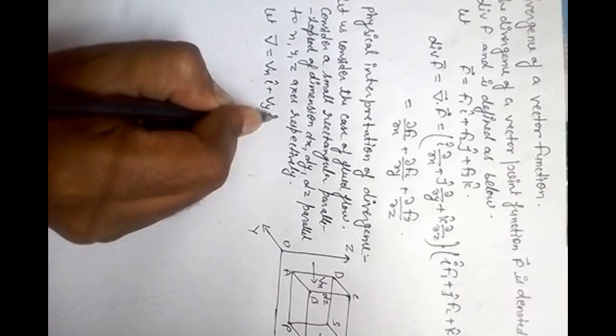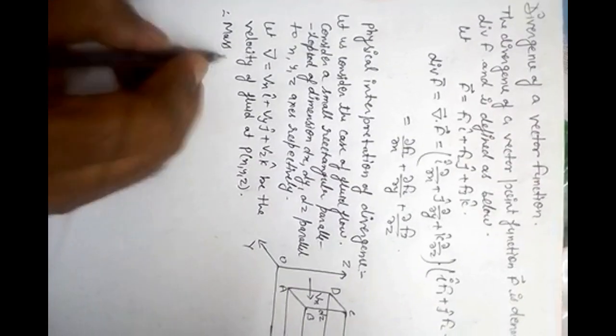Okay, let vector v can be written as vx i, vy j, vz k. V the velocity of fluid at a point P, which is x, y, z.